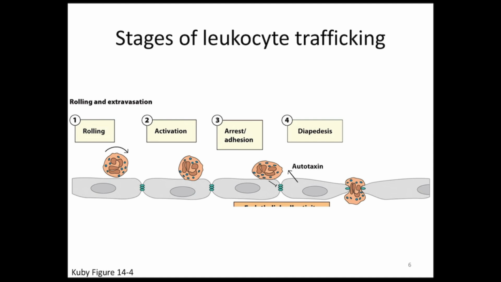It allows the cell to make sure it's in just the right location, because it has to have the right protein-protein interactions or protein-carbohydrate interactions at each of these 3 steps to tell it, yeah, this is the right place where you want to leave.